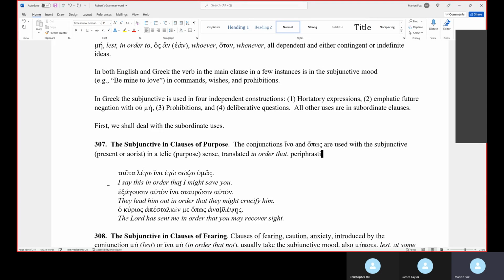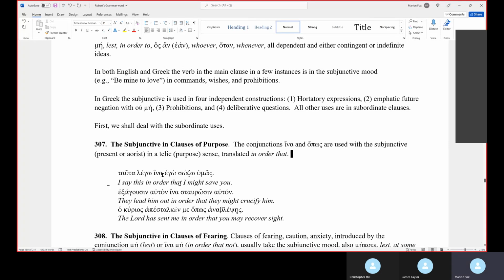So it functions like an infinitive. See right here now, hina and hopos function in a paraphrastic form like an infinitive. So it kind of replaces the infinitive, which they don't have. It gives them a construction that can do the job of a lot of the things infinitives do. Any question or comment there? You see the term paraphrastic from time to time, and it's just saying things in a roundabout way. Well, that's how we would describe it in Oklahoma and Okie talk.